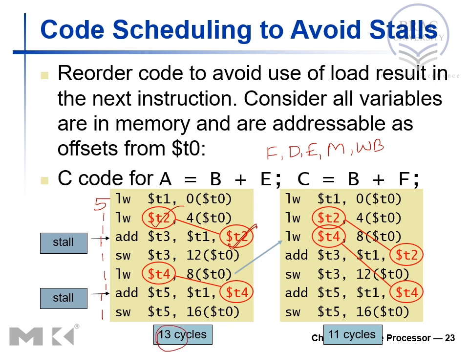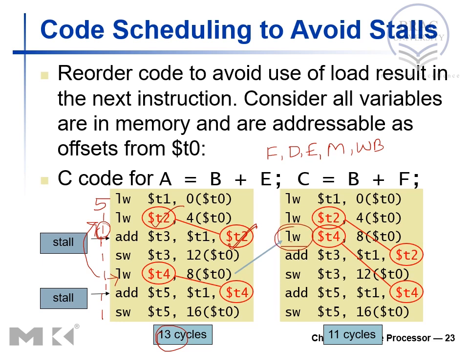Now, is there any way we can reduce the number of cycles? Since this load is independent, it is not dependent on any other instruction, what we can do is, see, we have one stall here. We have one stall here. So we can fit this load into this position as it is. You can see here, this is the third load.